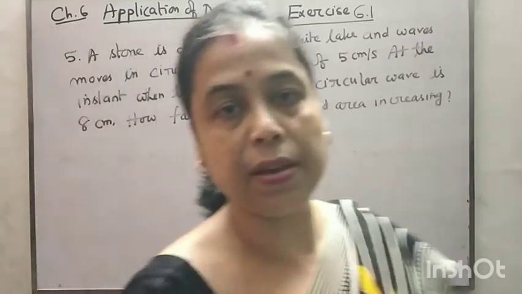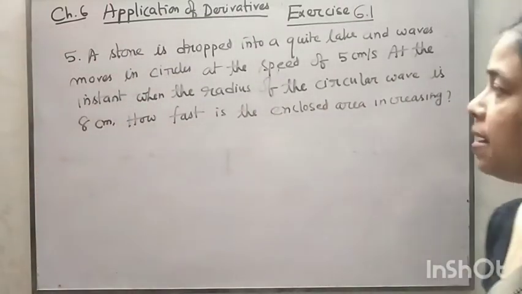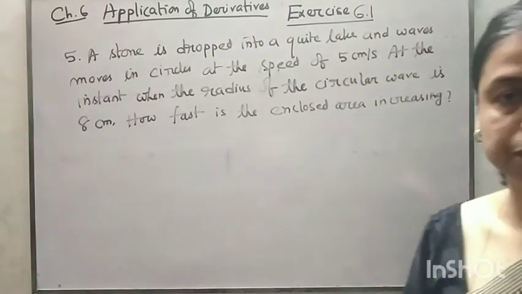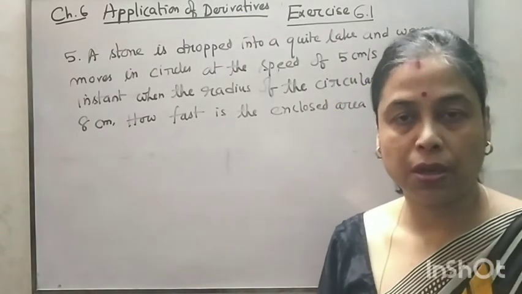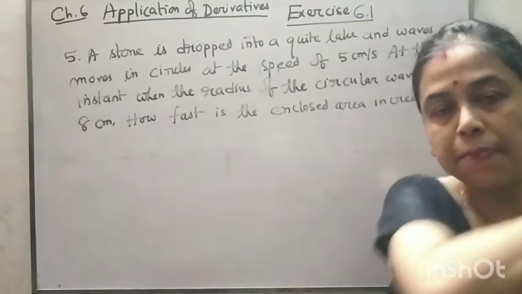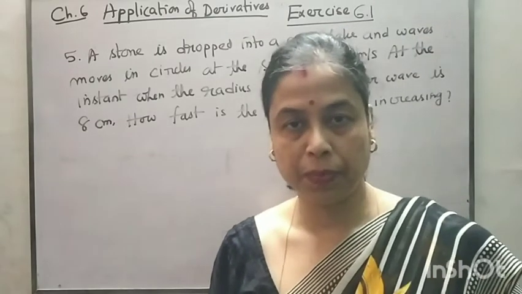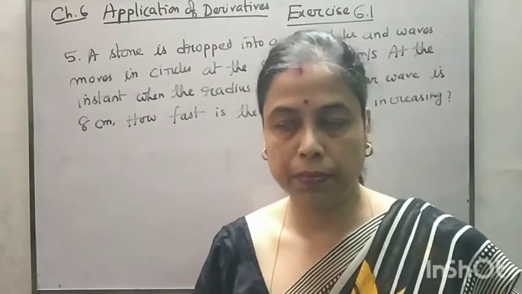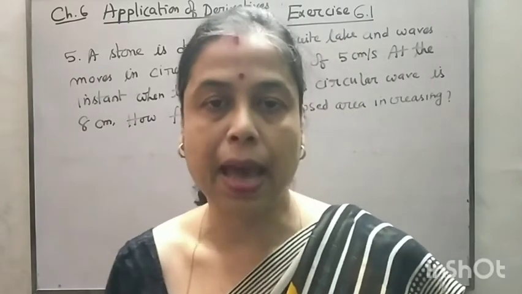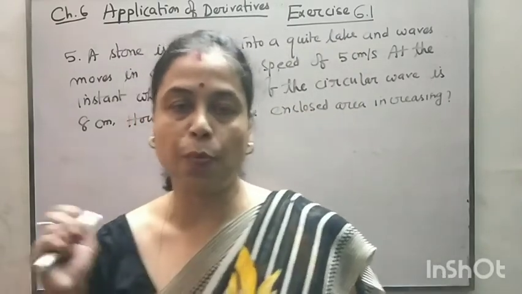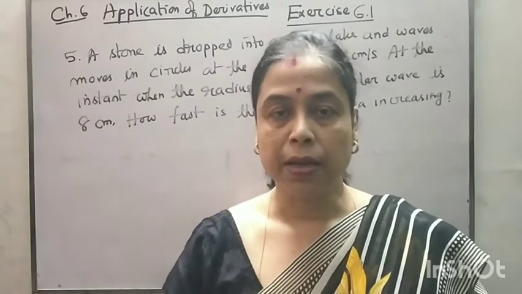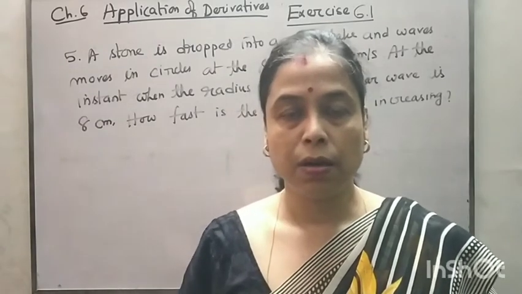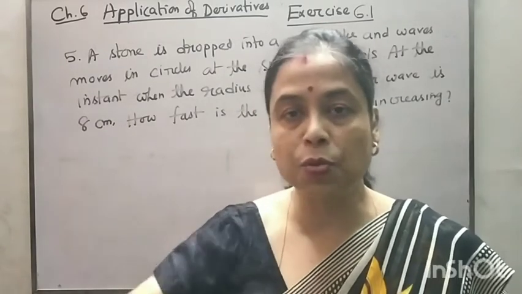So what is given here? There is a quiet lake and a stone is dropped. Hope you notice this phenomenon. Suppose you take a vessel and put some water in it and you drop a stone. Then the water will create some waves, and the waves move in the form of a circle.